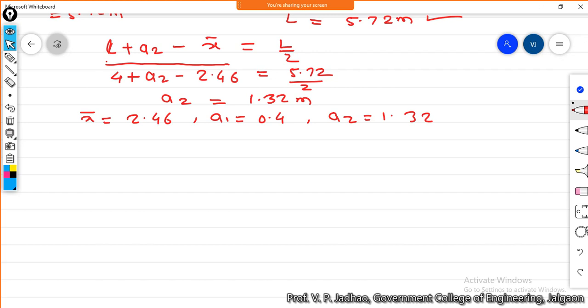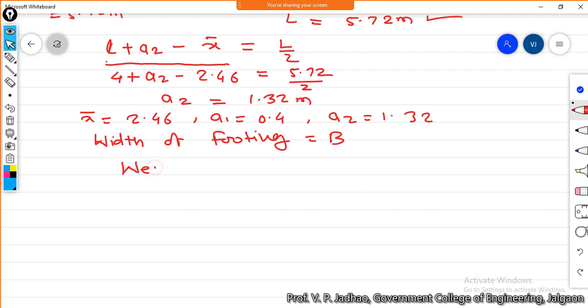Now we have to calculate the width of our footing. Let us consider the width of footing is given by capital B.